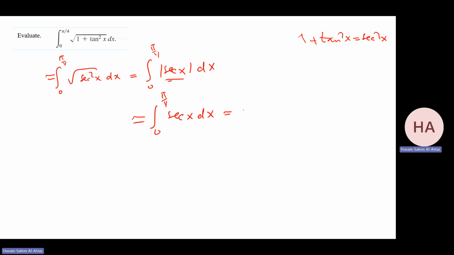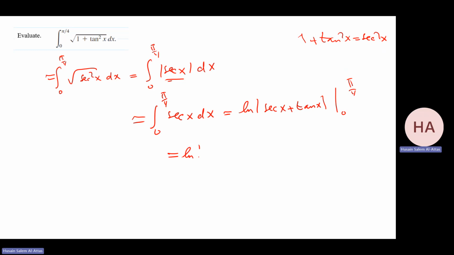And what is the integral of secant x? It is ln of secant x plus tan x, from 0 to pi over 4.